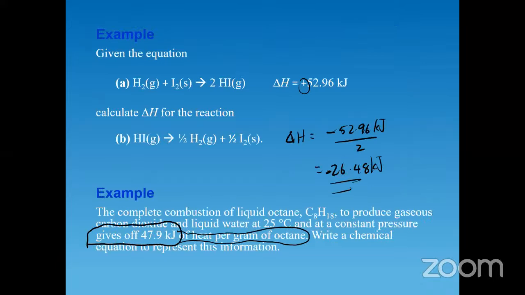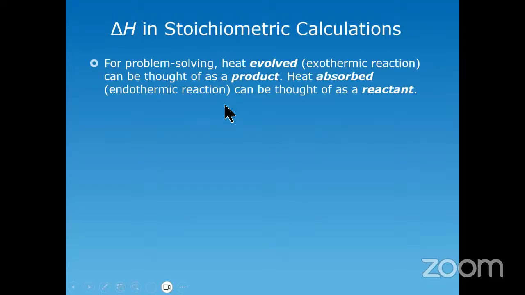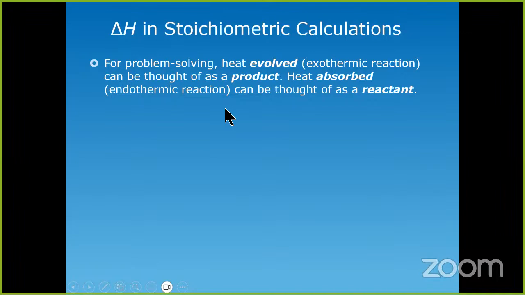So the next topic will be how do we solve certain problems involving both enthalpy changes and stoichiometry, all right? And the key thing you need to remember, a couple of things actually, when it comes to solving these problems.